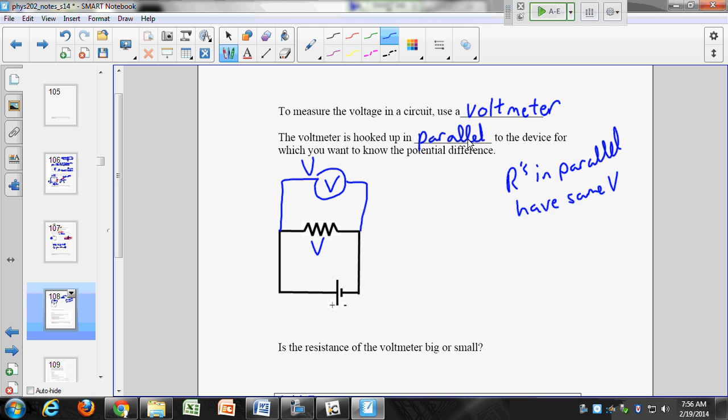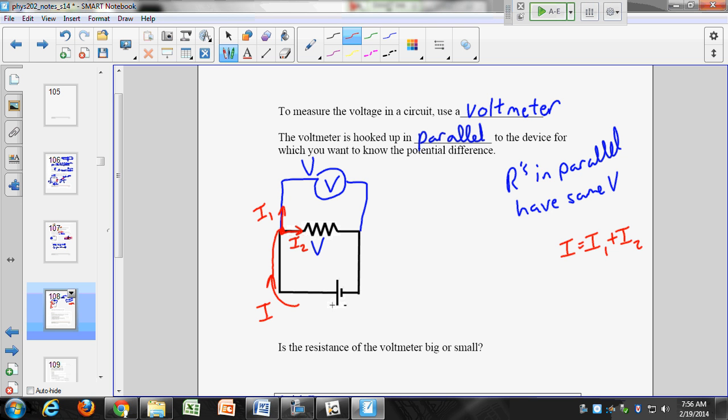Now, we have a certain current flowing through this circuit. Notice that's the conventional direction of current off of the positive terminal of the battery. And this current comes up here, and at this point it splits into two pieces. I have I1 and I2. This is called the Junction Rule. You'll see it in the next chapter, but I'm going to write it up here because it sort of follows that I is equal to I1 plus I2.